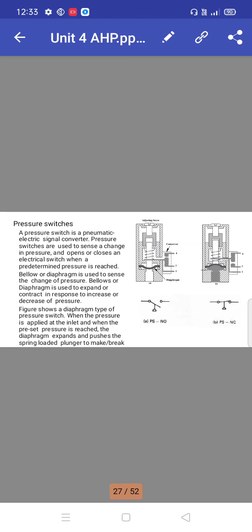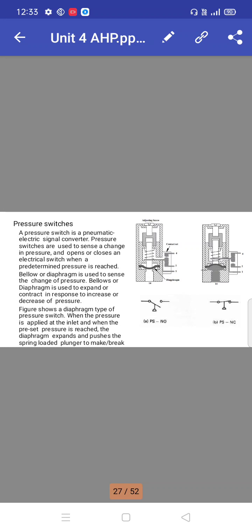Pressure switches. A pressure switch is a pneumatic to electric signal converter. Pressure switches are used to sense a change in pressure and open or close an electrical switch when a predetermined pressure is reached.